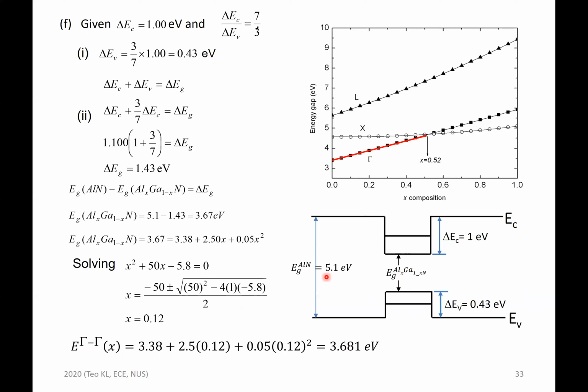That's how you design the quantum well with a type 1 heterostructure, with a direct band gap of 3.681 eV for the aluminum gallium nitride.